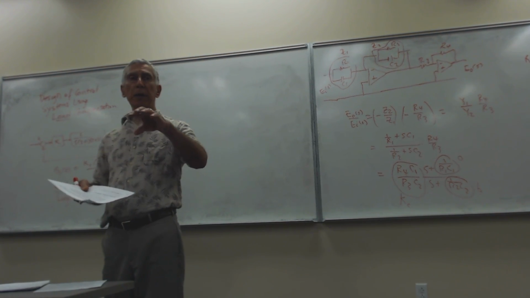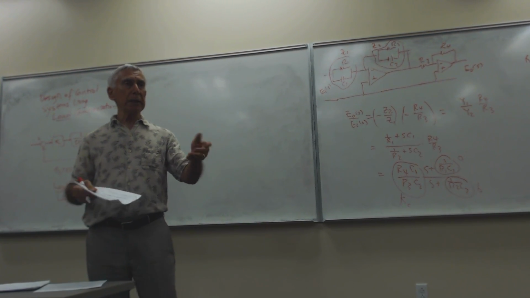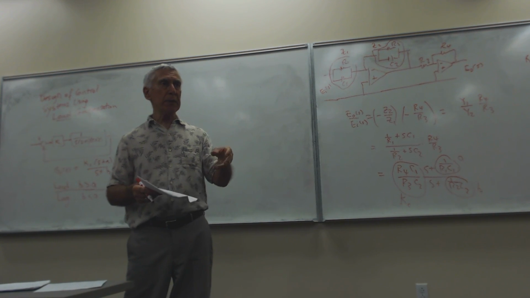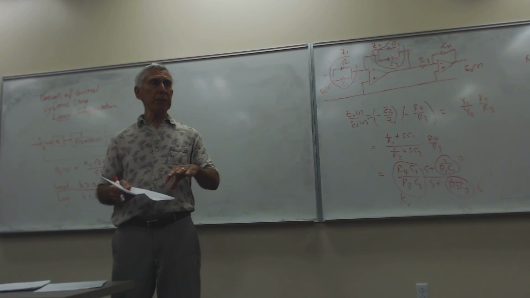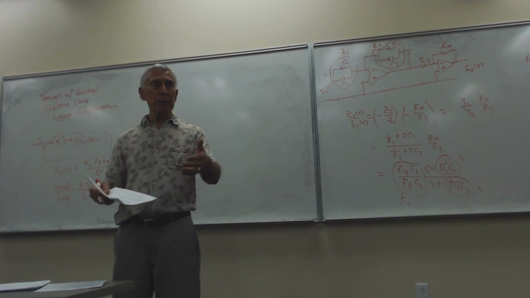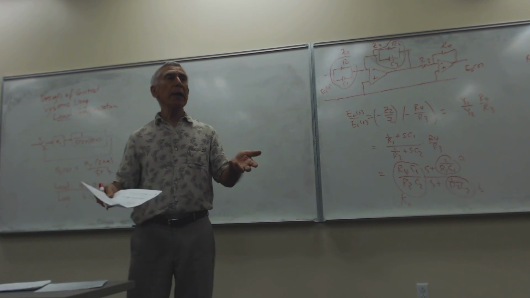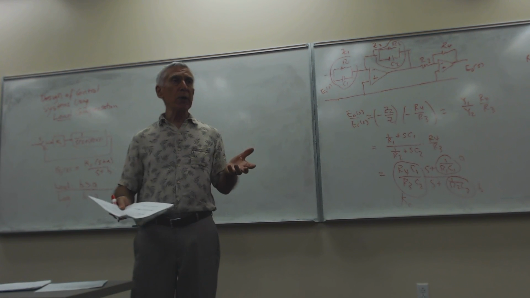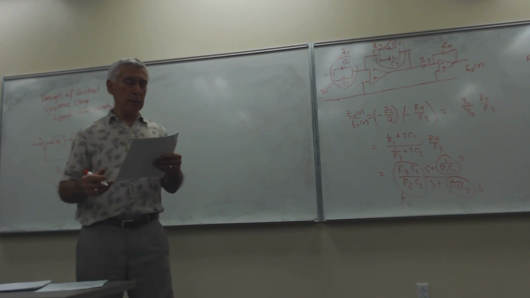In other words, the location of the poles can't be shifted if you're using pure gain compensation. And the purpose of the lead compensator is in fact to reshape the locus, okay?